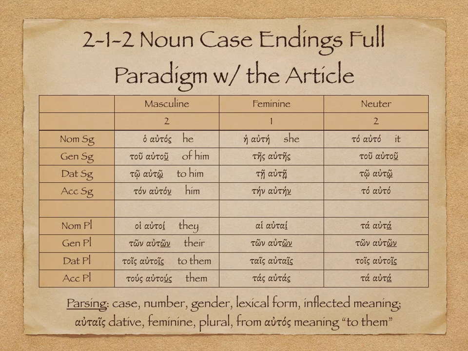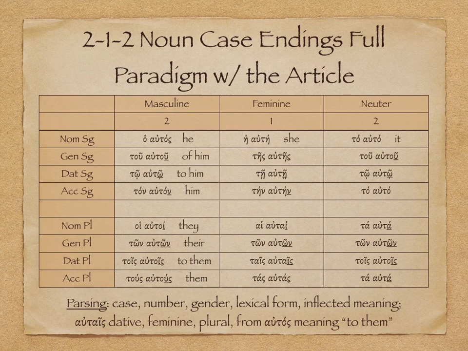I've included the definite article again for you, and by now you should be noticing these patterns. Os, ou, o, on, again with the connecting vowel in the masculine singular; feminine singular, e, es, e, en; neuter singular, o, ou, o, o.